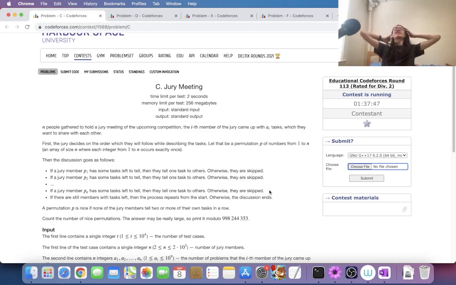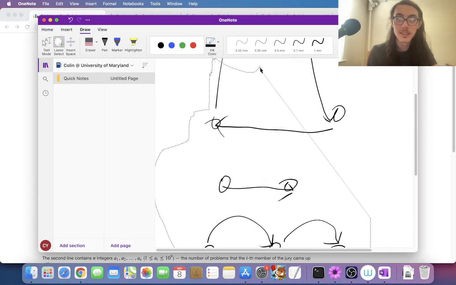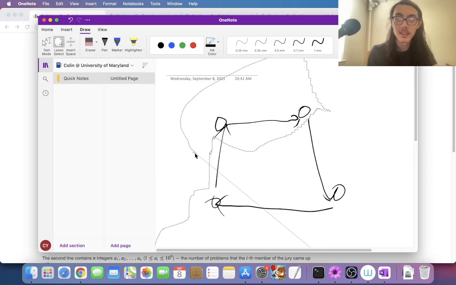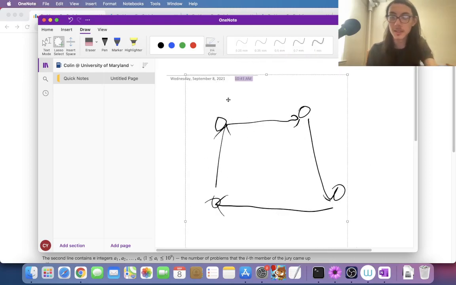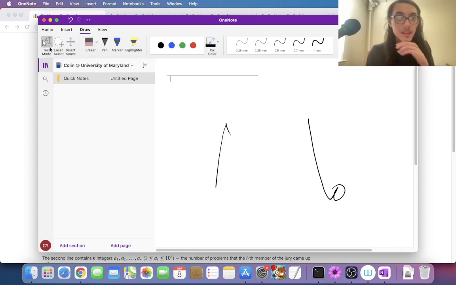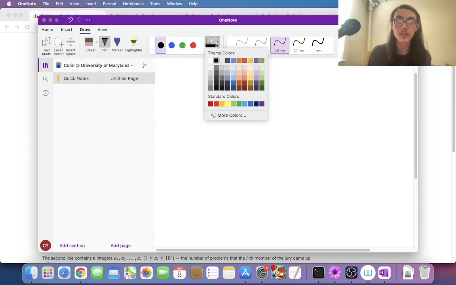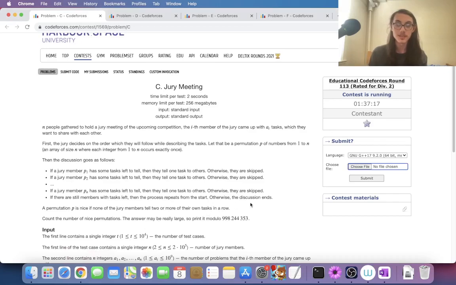So let's find the condition for when someone tells two of their tasks in a row. Do this. I have no idea if that worked. Okay. What? What happened here? Can I just do like? Okay, yeah, that works. I don't know why I did a text box, but I guess that's fine. Do they have a lot of colors? Oh, they do have a lot of colors. Alright, cool.